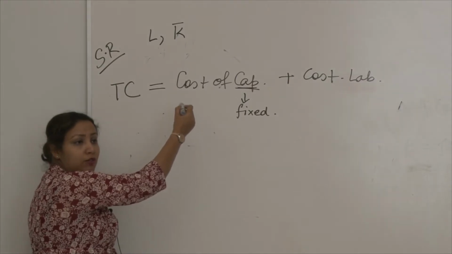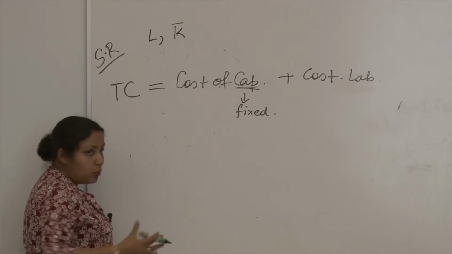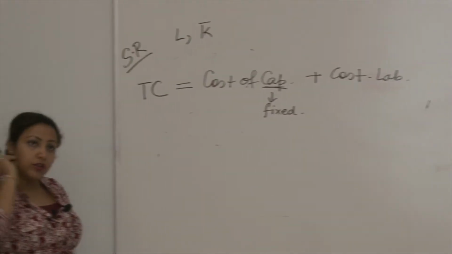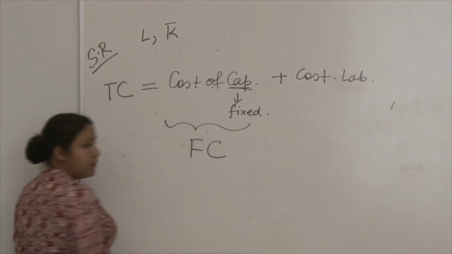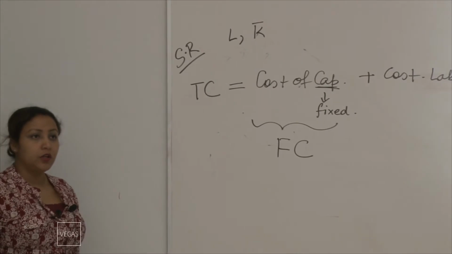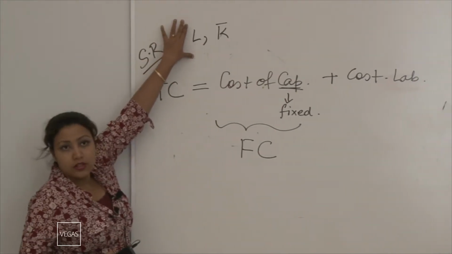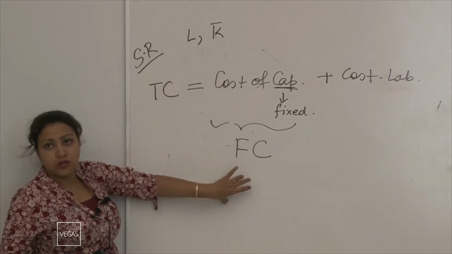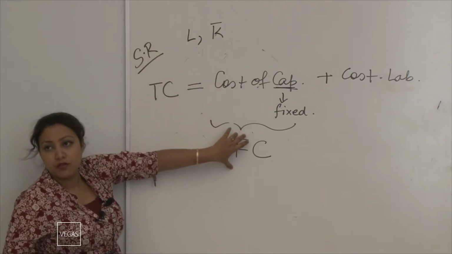If I am using 5 units of capital, I am spending on those 5 units no matter what. So that expenditure is not changing over time. So this part we call the fixed cost, FC. So given this assumption, the cost of capital is the fixed cost. Given that capital is the fixed input, the cost of capital is the fixed cost.